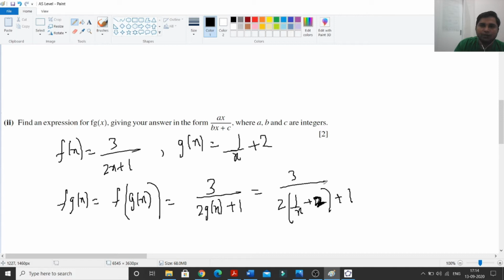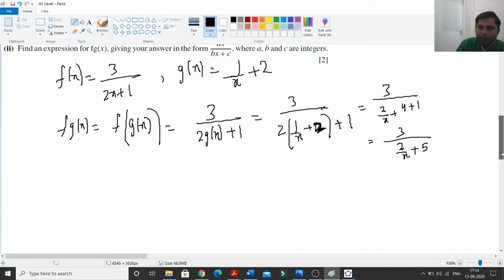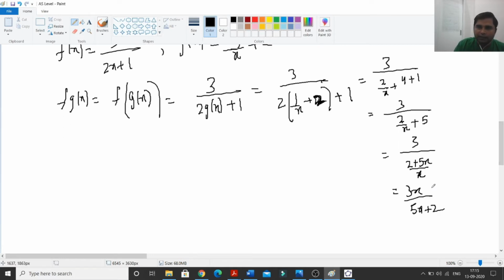Just multiply 2 inside, so 2 over x plus 4 plus 1, so that will give you 3 divided by 2 over x plus 5. Now take the LCM. 3 divided by (2 plus 5x) over x, and x will go up, so it will become 3x divided by 5x plus 2. So it is in that form, and that's the answer.